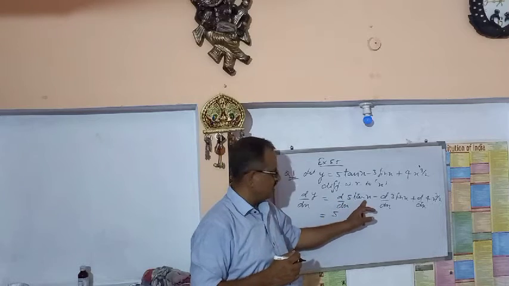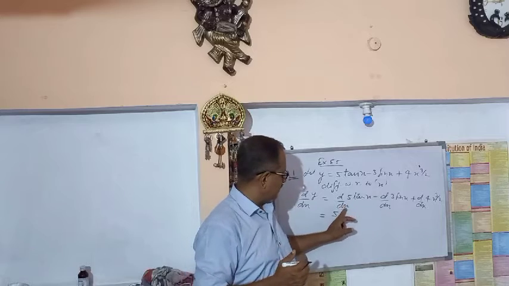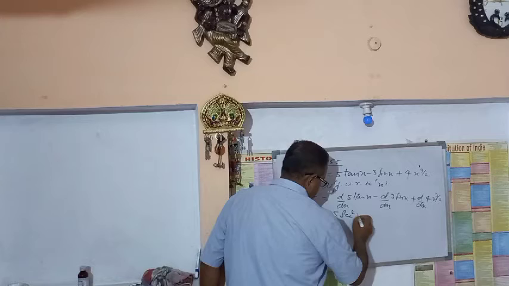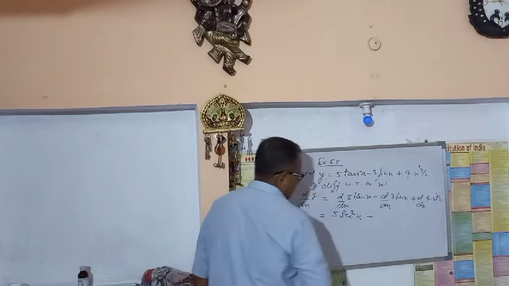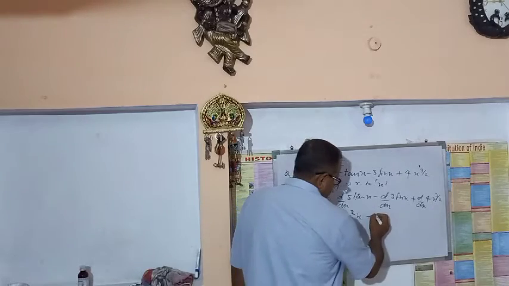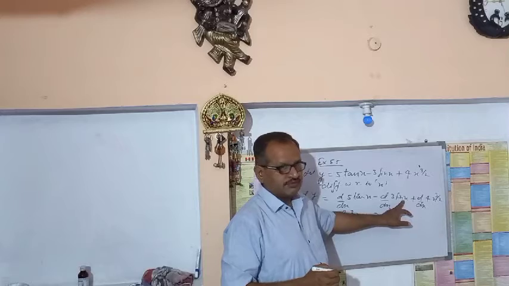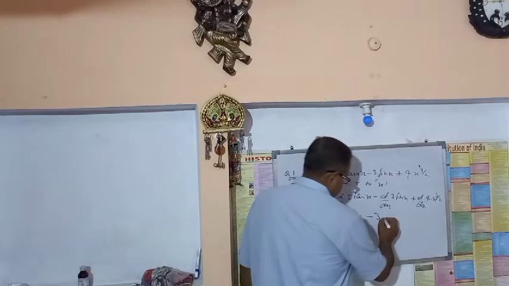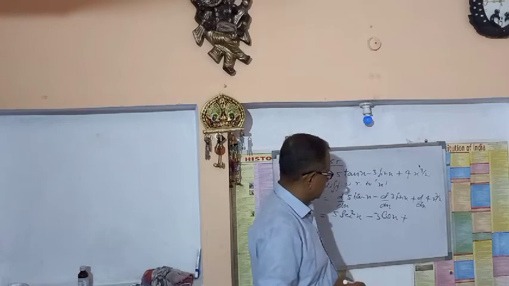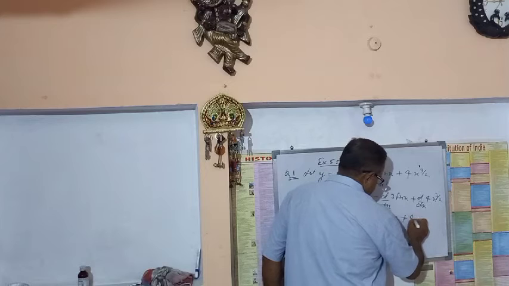And what is the differentiation of tan x? You have written the result. d by dx of tan x is sec square x, minus, again here 3 is constant, so take it outside, and d by dx of sin x, derivative of sin x is cos x, plus here 4 is constant, take it outside.